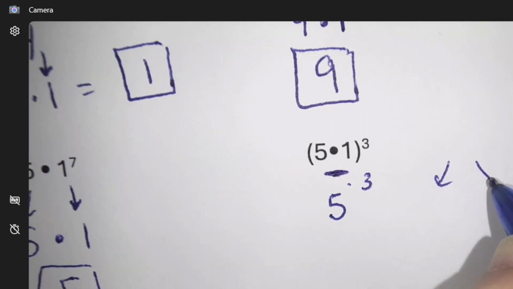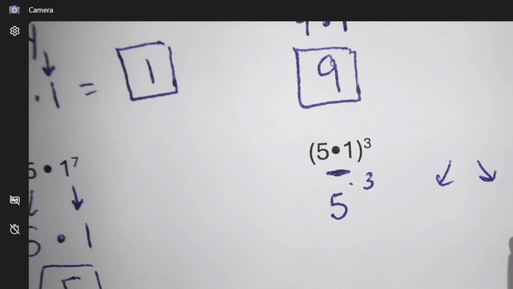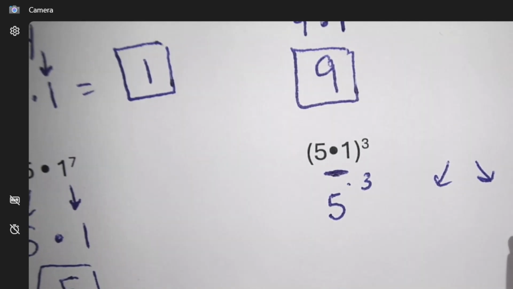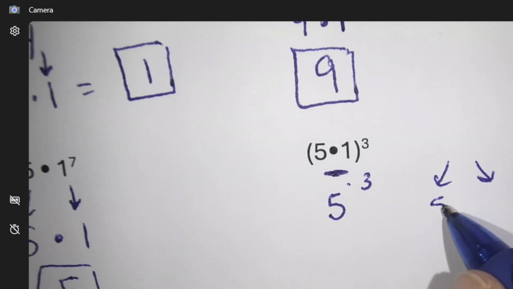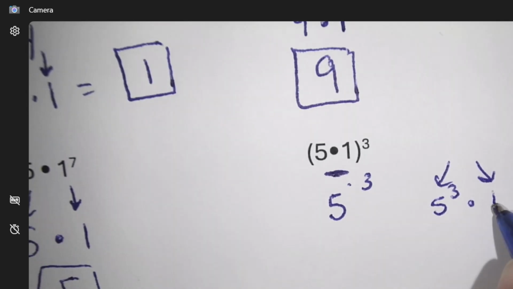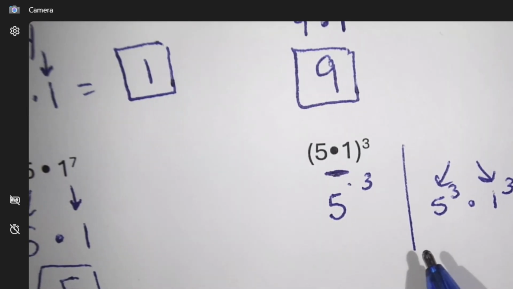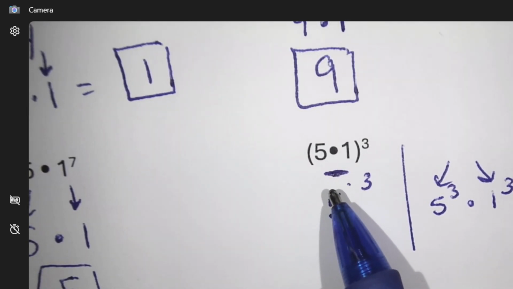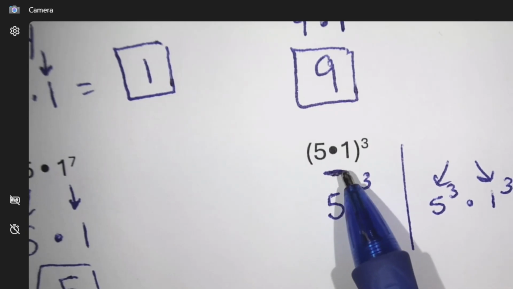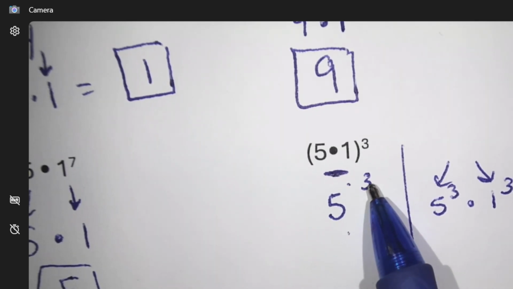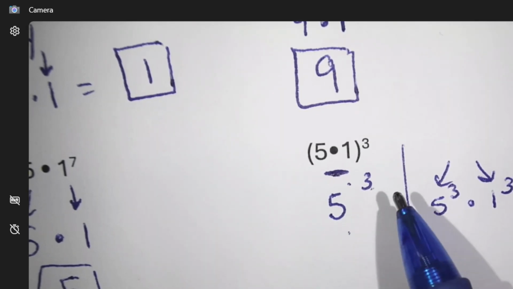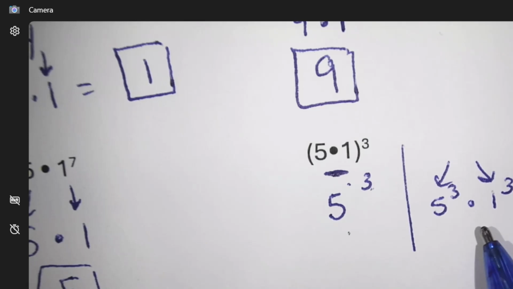Or, on your test, if I ask you to separate this into 2 products, what else could you write it as? 5 cubed times 1 cubed. So you could do BEDMAS where you work the brackets first here. So 5 times 1 is 5 and then cube it, or you can do it as a product.